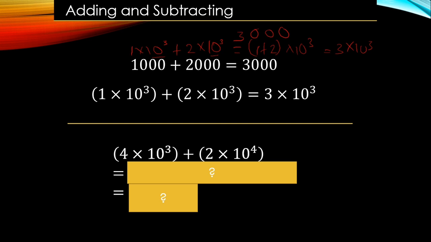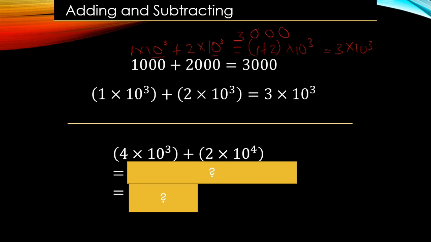Let's try another one. This one is a bit different. 4 times 10 to the power 3 plus 2 times 10 to the power 4. You can see here that the powers of 10 are different. Here it's to the power 3, here it's to the power 4. What you can do here is you can either convert both of these numbers to power 4, or you can convert them all to the power of 3, so that you can only add these ones, okay?